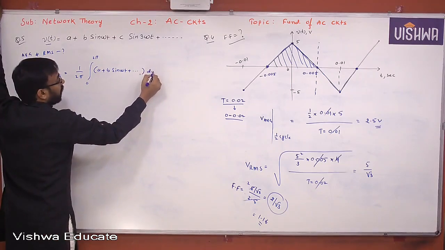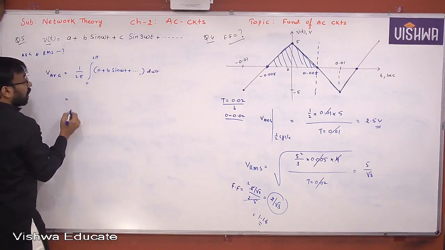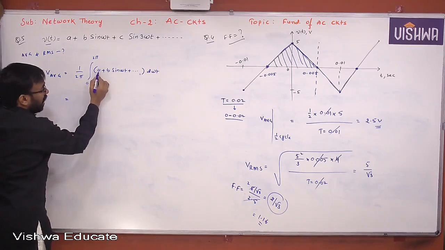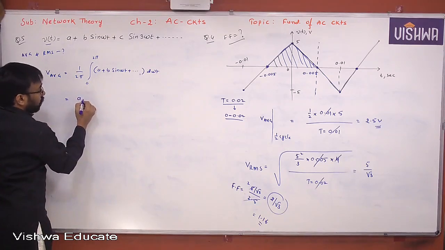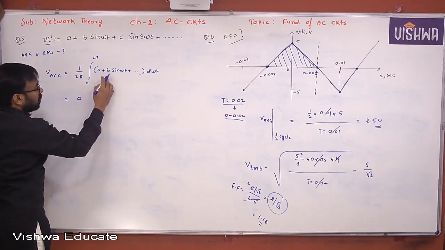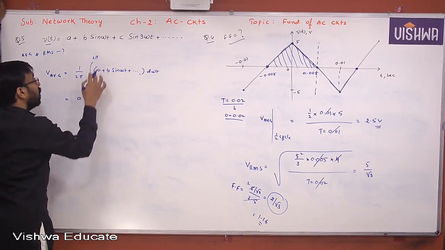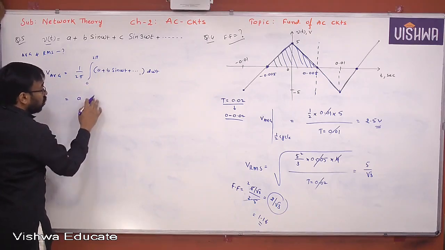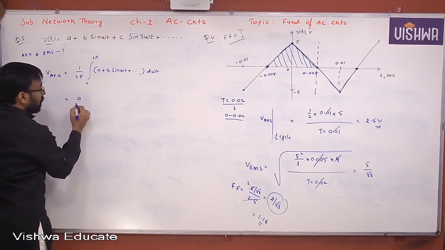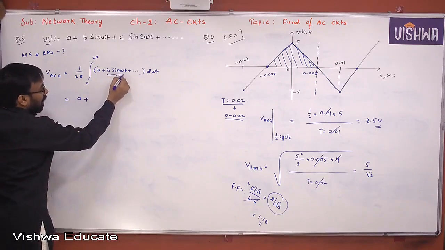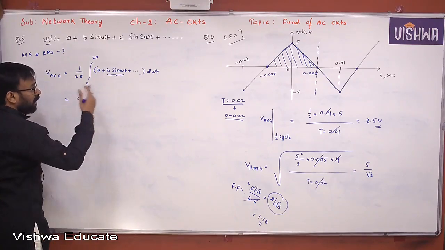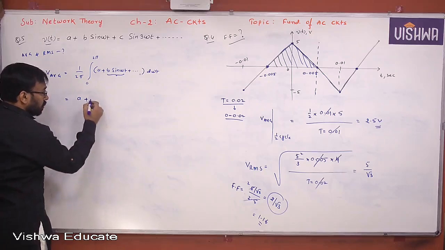Now d omega t. You are supposed to take d omega t. You know that a is a constant value, so a into omega t, because d omega t is there. But omega t substitute what? 2 pi minus 0. So 2 pi gets cancelled. Finally, a only you are left with. Plus, what is this value? A pure sine wave, when you integrate over a full cycle, is 0.